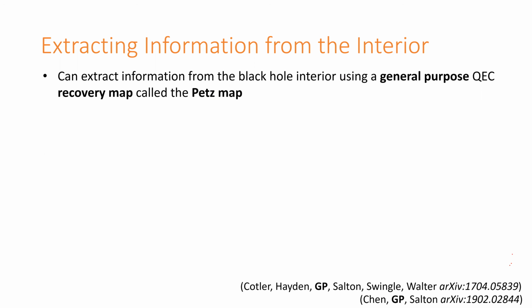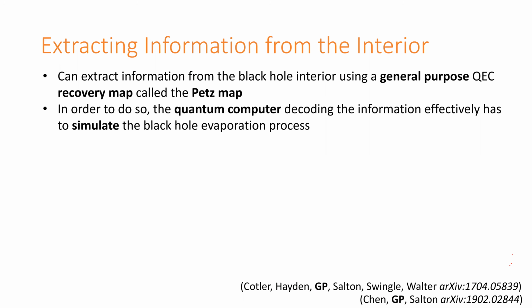So how does this Petz map reconstruction work? Well, it basically involves your quantum computer, or whatever's doing the reconstruction, simulating the black hole evaporation process, or in this case, simulating a construction of this state with a large amount of entanglement between interior and exterior.